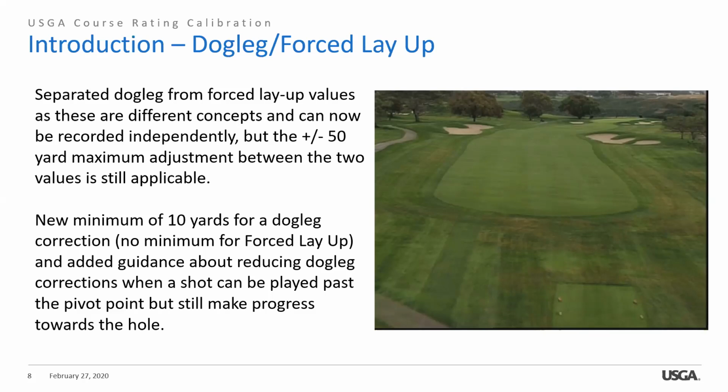But the maximum of 50 yards is still in place between the two. And then we also now have a new minimum of at least 10 yards for a dogleg correction. There's no minimum for forced layup. And then they've added guidance about reducing dogleg corrections when a shot can be played past the pivot point but still make progress towards the hole.